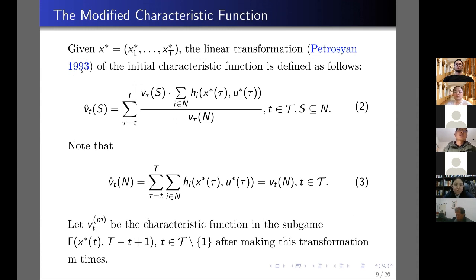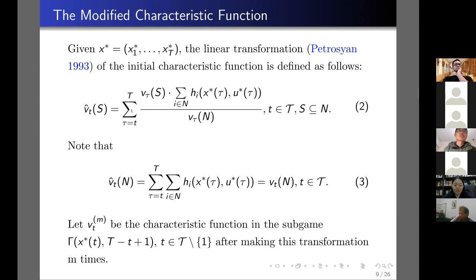Given the cooperative trajectory x star, the linear transformation, which is introduced by Petrosyan, 1993, of the initial game is defined as follows: V hat t of S is a summation of such a quotient, where the summation of h_i is the total stage payoff at stage tau, and the quotient V tau S over V tau N can be viewed as the relative worth of coalition S in the subgame N V tau.